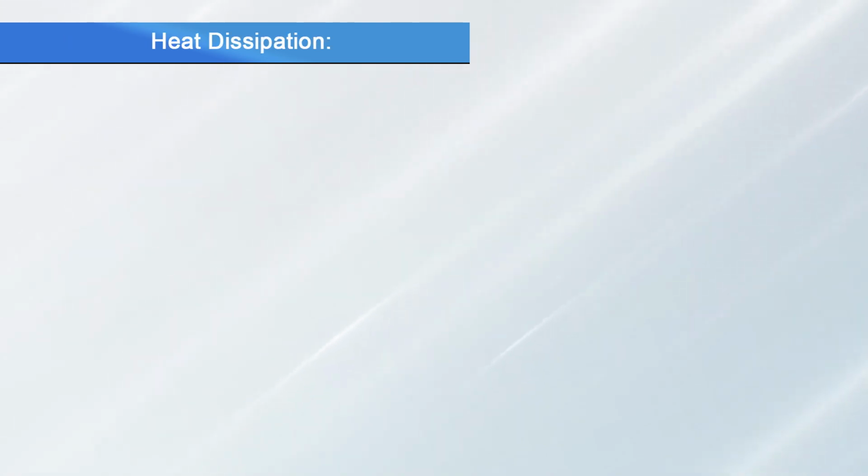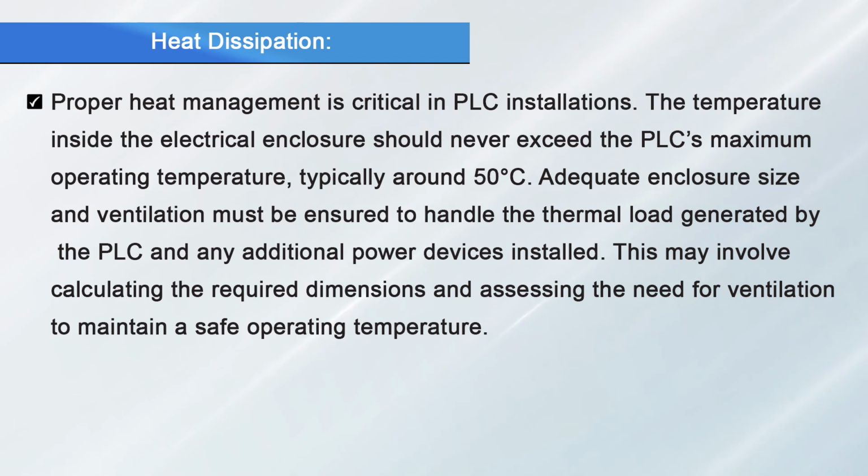Now the heat dissipation. Proper heat management is very critical in PLC installation. The temperature inside the electrical enclosure should never exceed the PLC's maximum operating temperature, which is typically around 50 degrees Celsius.